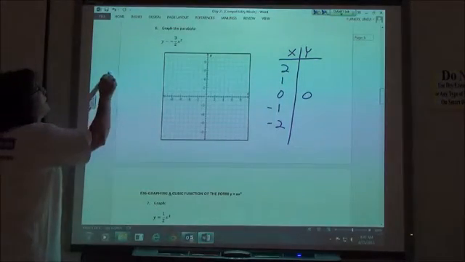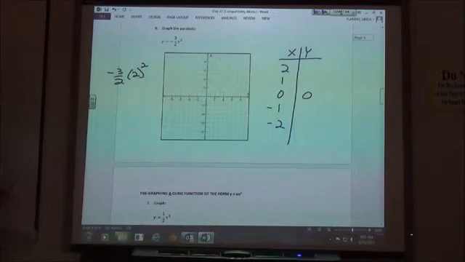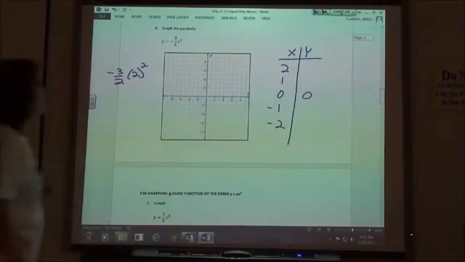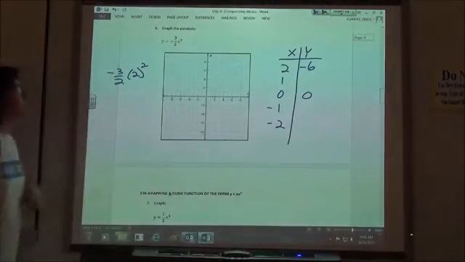So this time we're going to do negative 3/2 times 2 squared. We get an answer of -6. 2 squared is 4, and half of 4 is 2, and 2 times -3 is -6.